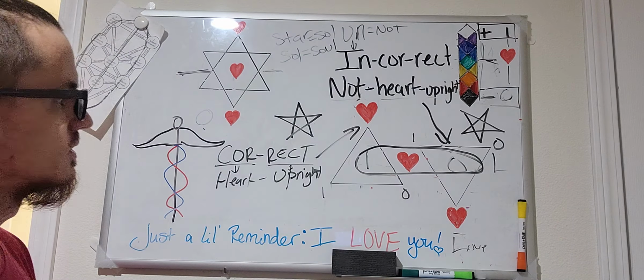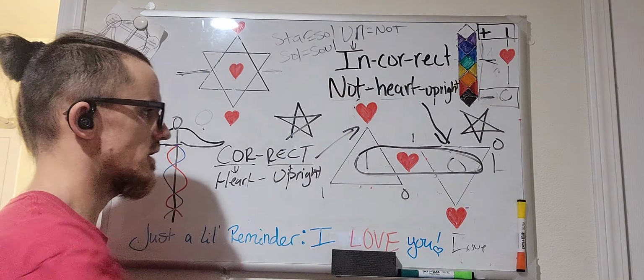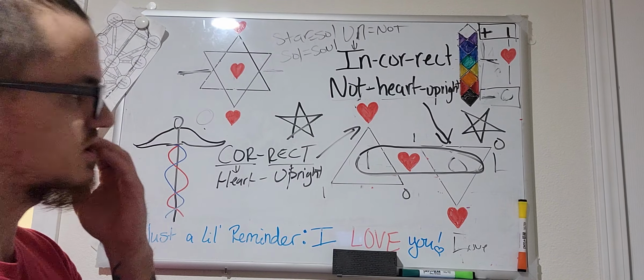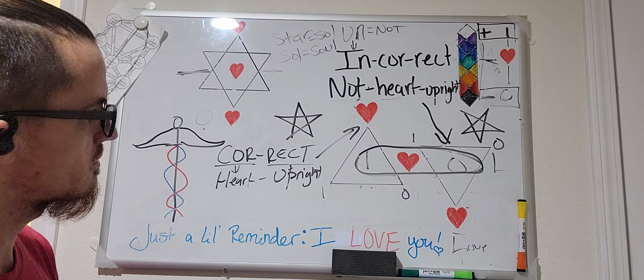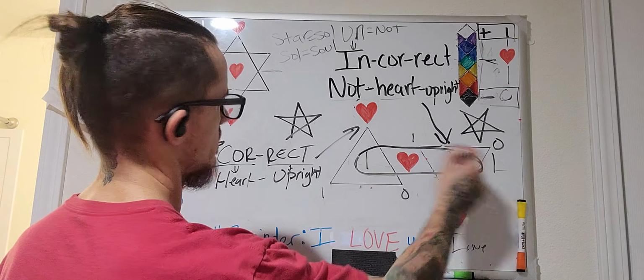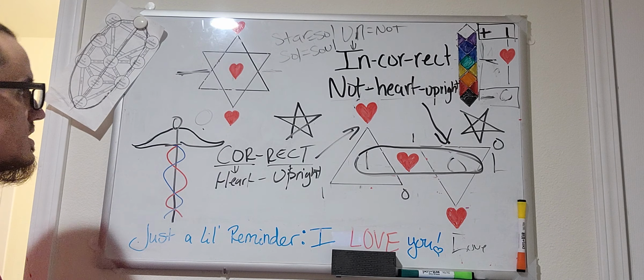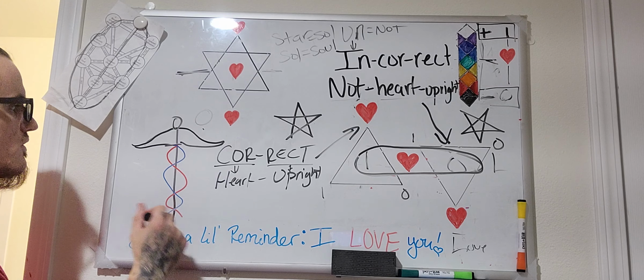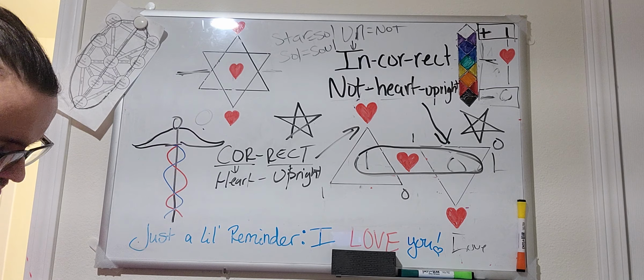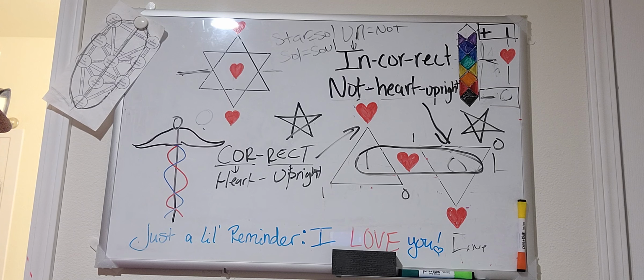But the point being, where correct and incorrect, the two judgments of, quote, correctness, meet in the middle is seen here and is seen here. It is seen within the staff of Hermes, the, quote, wounded healer, so to speak.